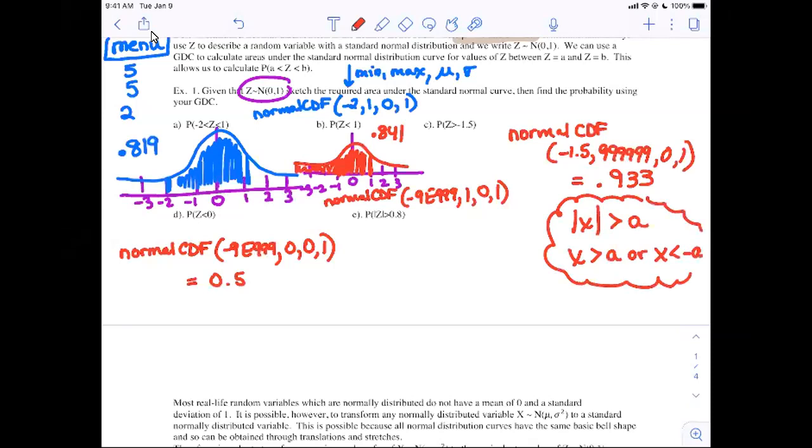The absolute value of x greater than a, and let me do a little example underneath it. So if I had the absolute value of x is greater than 3, that would mean x is greater than 3 or x is less than negative 3. Does that make sense? Because if I had negative 4, absolute value of negative 4 is 4, that is bigger, okay?